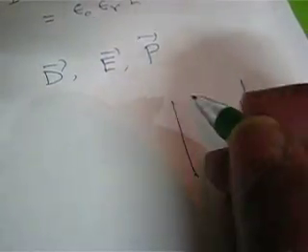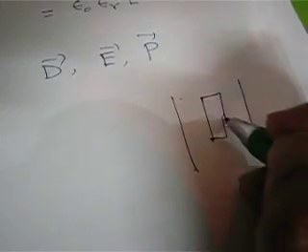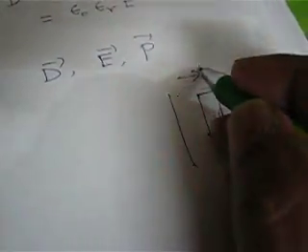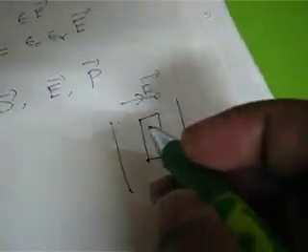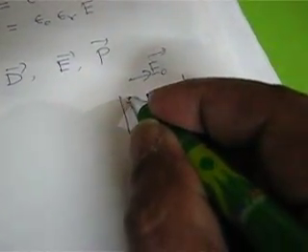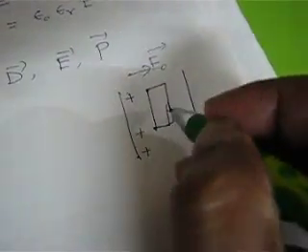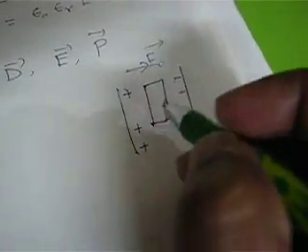Suppose this is the dielectric slab which is placed inside an external electric field E naught, and this is the positive and this is the negative side of the plates.